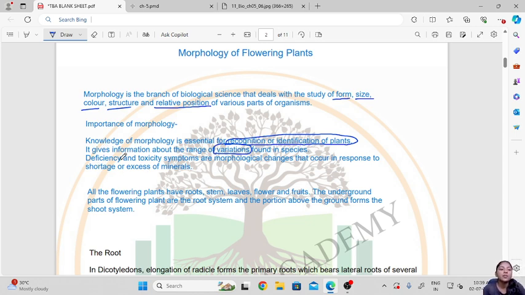Then in case of deficiency and toxicity symptoms, morphological change occurs in response to shortage or excess of minerals. Okay, so deficiency or toxicity symptoms that occur during the shortage or excess of minerals are indicated by morphological changes. So that is why we need to study the morphology of different plants.